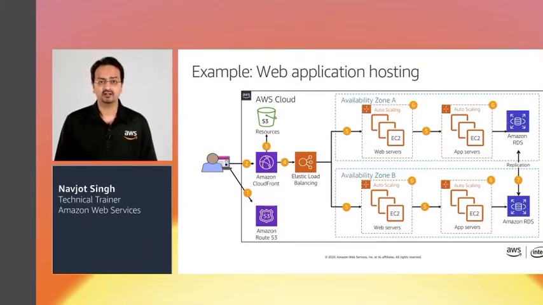An Amazon RDS database is used in a multi-AZ deployment to give the database layer redundancy. Data is automatically replicated between a master and a standby database instance managed by AWS. The entire architecture has been designed with high availability, redundancy, and security in mind.